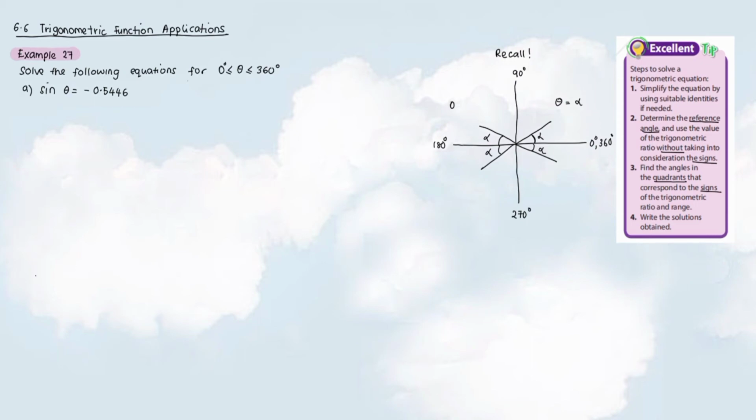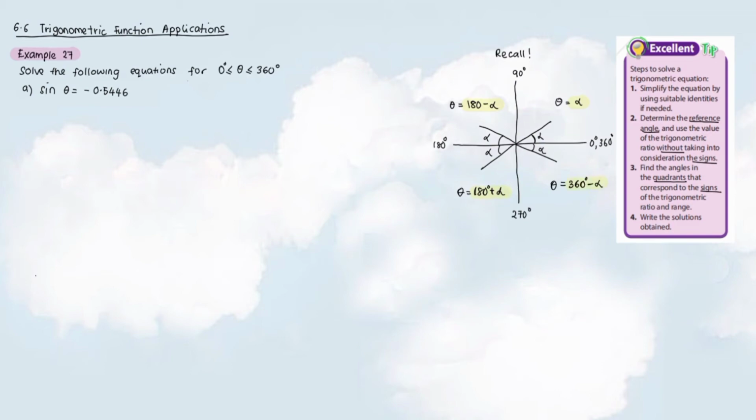Quadrant 2, theta is equal to 180 minus the reference angle. Quadrant 3, theta equals 180 plus the reference angle. Quadrant 4, theta equals 360 degrees minus the reference angle. Just remember the formula that is highlighted here.